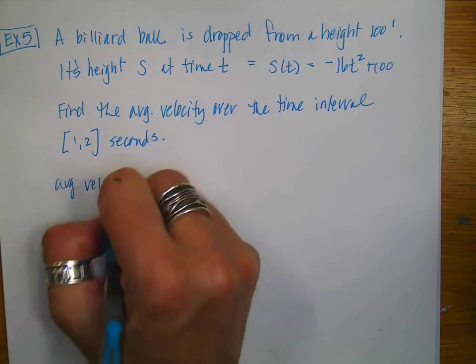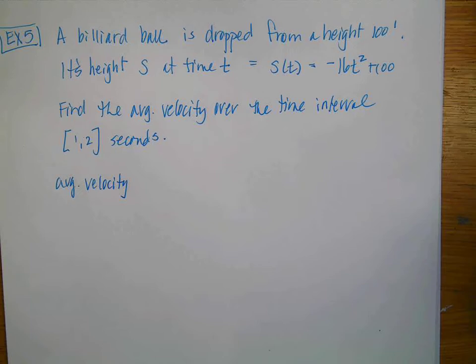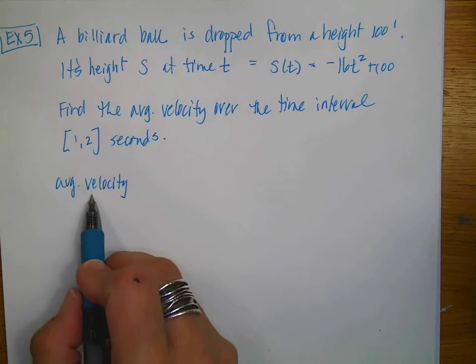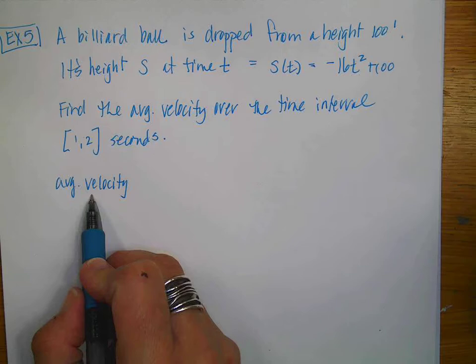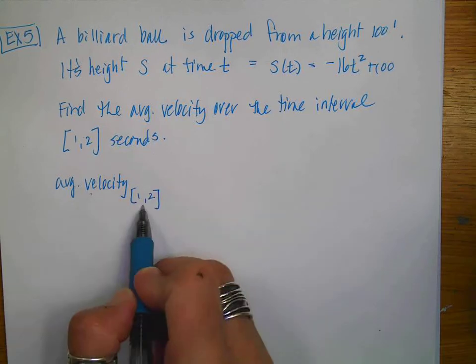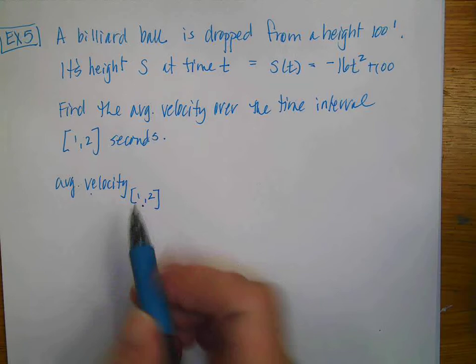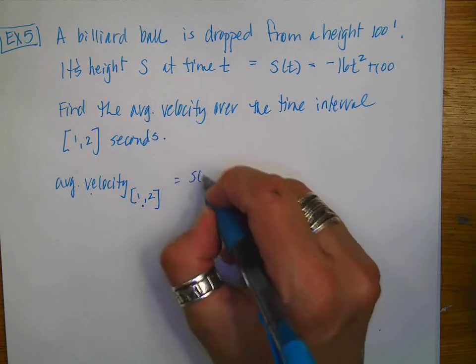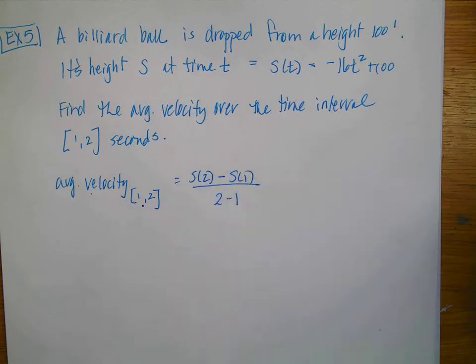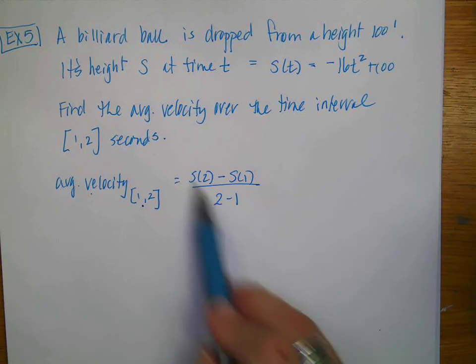So my average velocity, and this brings up a good point, in calculus when you are doing work, not only do you have to identify your answers, but you also have to identify your work. Okay, and this is going to be how I identify. So I'm finding the average velocity over the time interval 1 to 2, which is going to be s of 2 minus s of 1 over 2 minus 1.